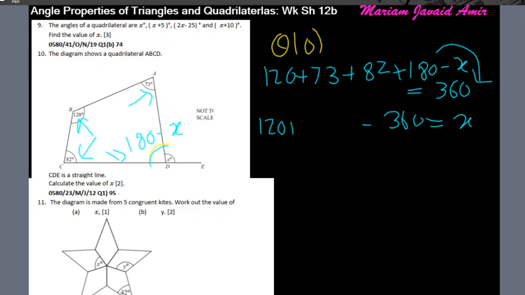So 120 plus 73 plus 82 plus 180 minus 360, which gives us 95.